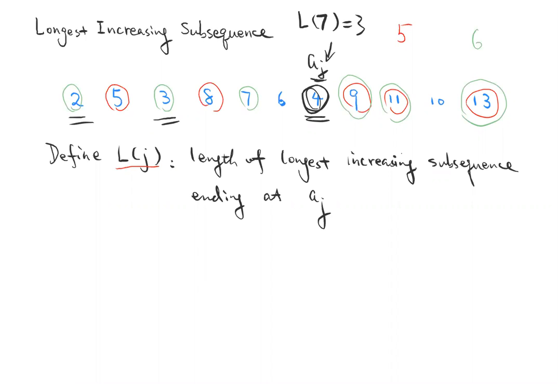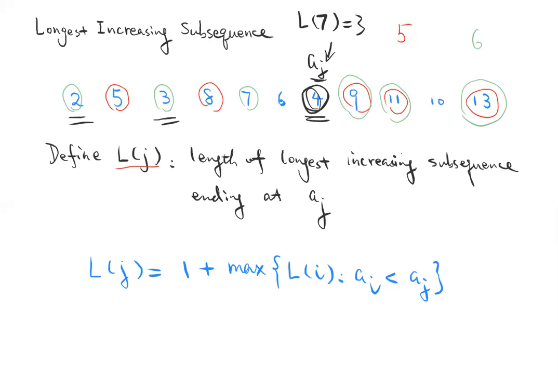The recurrence relation is very easy to obtain. We consider all numbers that appear before aj and which are less than aj.